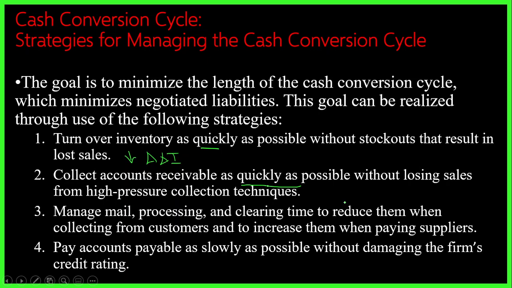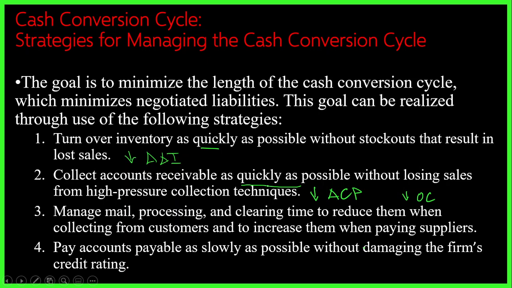Okay, so what will be the result of this? Pag mas mabilis yung turnover, mas mababa yung collection period natin, average collection period. If you have this, you will now have shorter operating cycle.